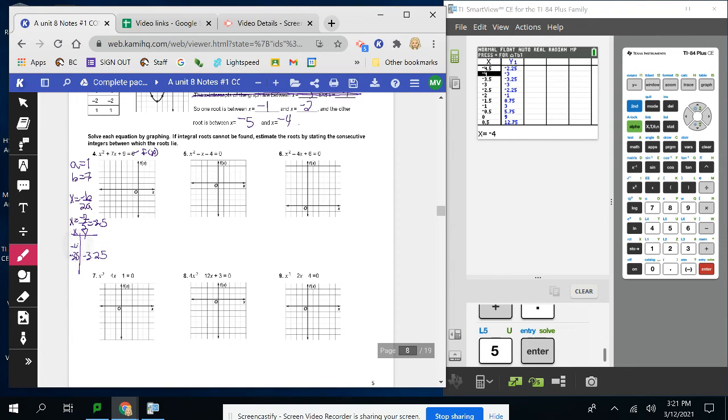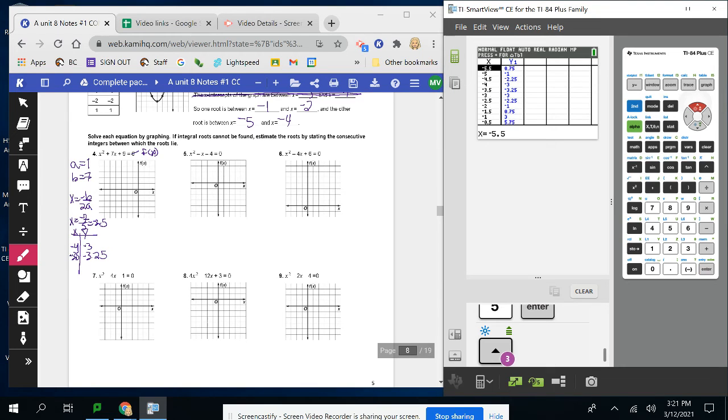So then below that, I'm going to do negative 4, which is negative 3. I need to switch from positive to negative. So I need to keep going. So negative 5 is negative 1. And negative 6 is 3.